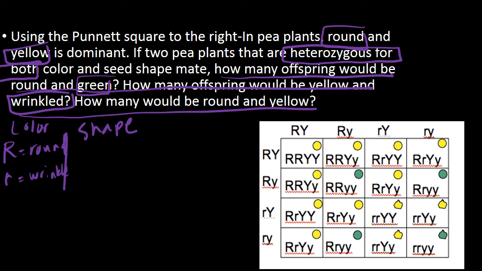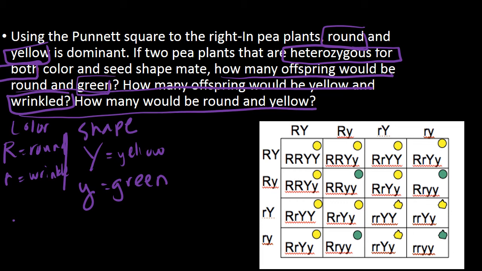And if you have capital Y, you are going to be yellow. If you're lowercase, you're going to be green. We don't need to write down what our parents are and anything like that. All we need to do is just look at our Punnett square and actually count up how many kids are each one that they're asking.